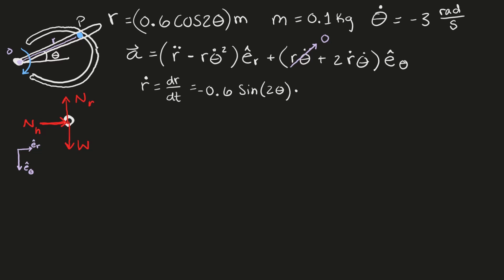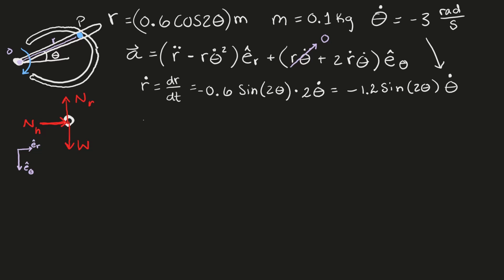And we multiply that by the derivative of the inside, which is 2 theta dot, which is equal to negative 1.2 sine 2 theta, all multiplied by theta dot, which I can directly plug in right there.